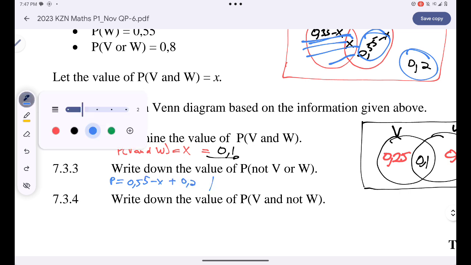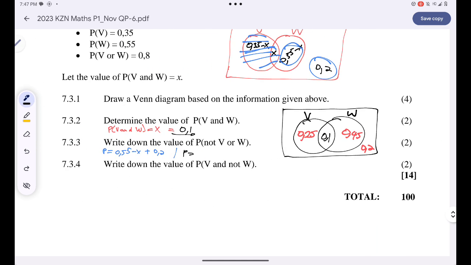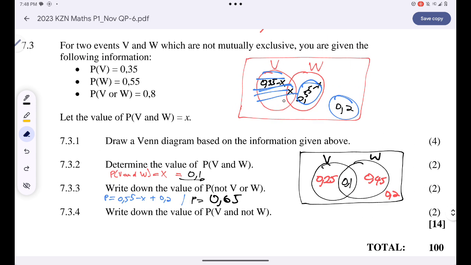Or since we've calculated the value of x, the probability will be 0.45 plus 0.2, which is just 0.65.